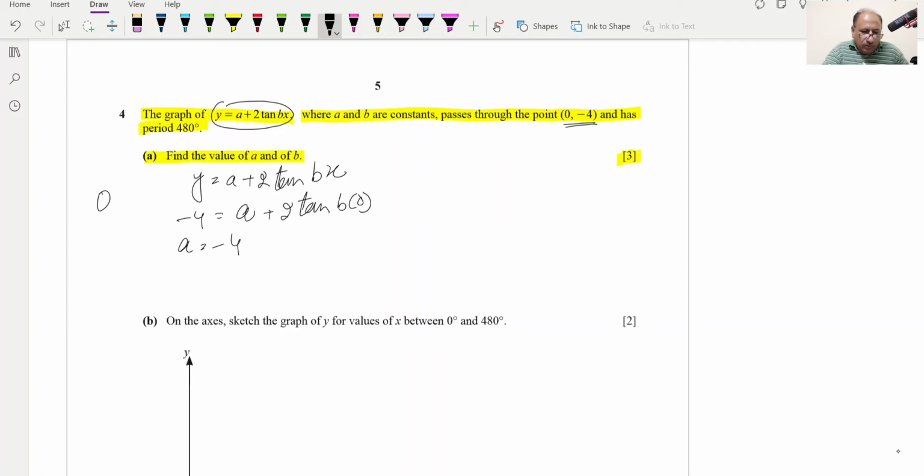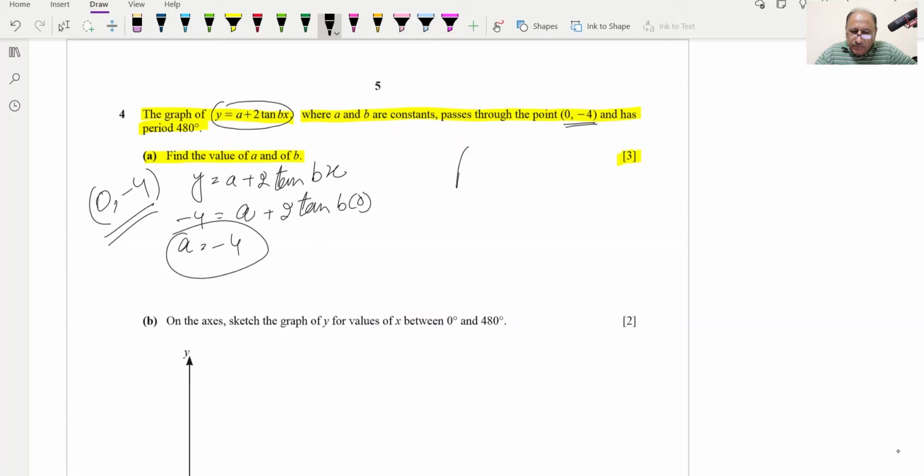This one how we got by replacing the point 0 and minus 4. We have used this point in this equation, and we got a is equal to minus 4. Now this a value we will be utilizing.